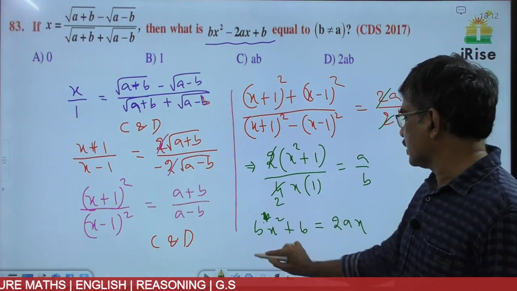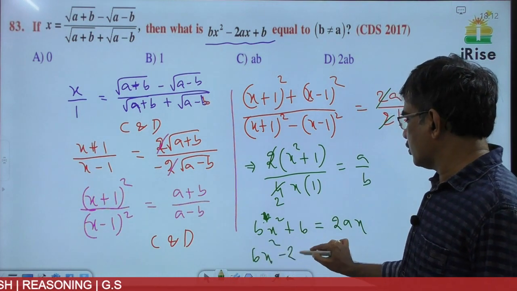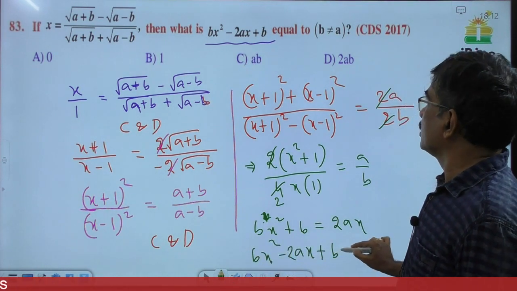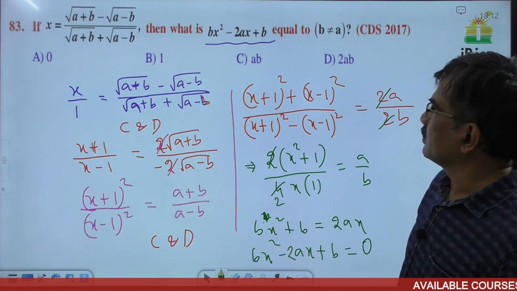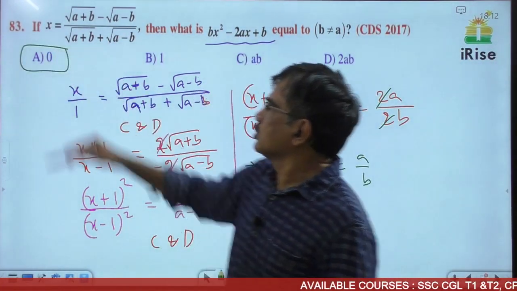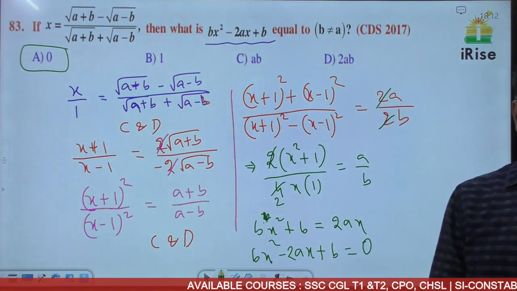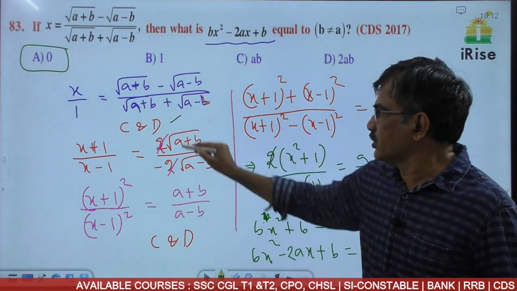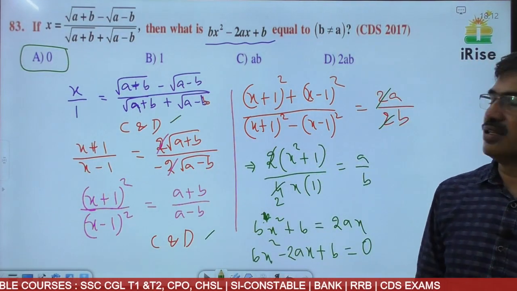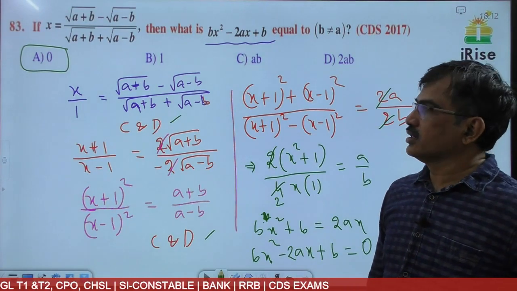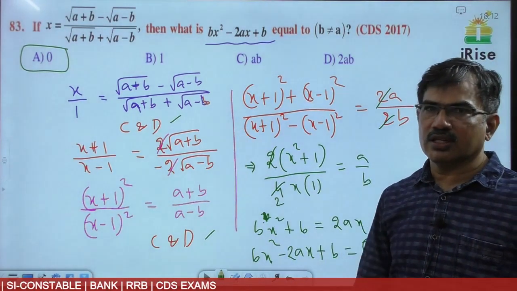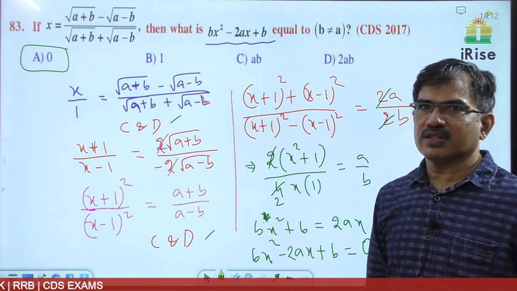If you transfer to the left side, bx square minus 2ax plus b is equal to 0. So the answer for this is 0. Applying componendo and dividendo 2 times gives the answer easily. Okay. So this type of questions also appeared in previous examinations.